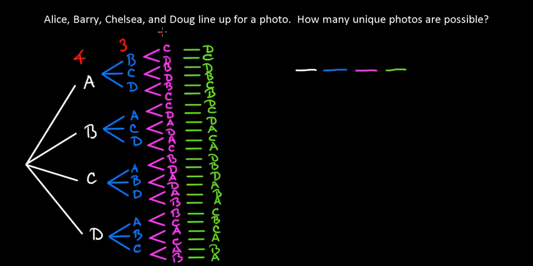And then we have 2 people remaining, followed by 1 person remaining. And if we count these up mindlessly, we'd have 1, 2, 3, 4, 5, 6, 7, 8, 9, 10, 11, 12, 13, 14, 15, 16, 17, 18, 19, 20, 21, 22, 23, 24. There's 24 possible photos.